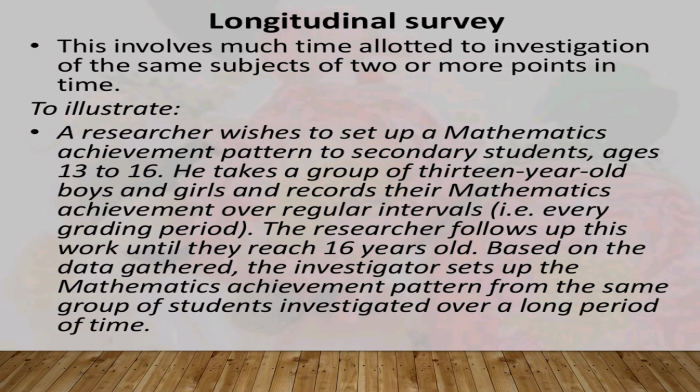He takes a group of 13-year-old boys and girls and records their mathematics achievements over regular intervals. The researcher follows up this work until they reach 16 years old. Based on the data gathered, the investigator sets up the mathematics achievement pattern from the same group of students investigated over a long period of time.